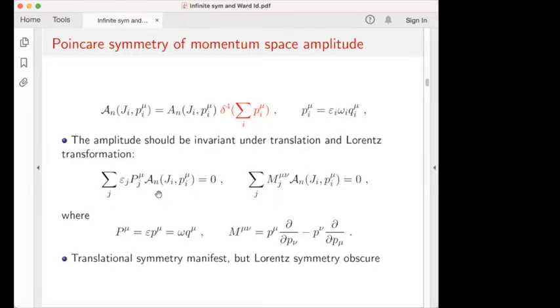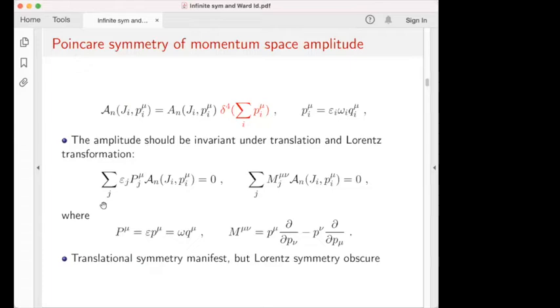The first one implies translational invariance. We have the translational generator P mu, which acts on this scattering amplitude in momentum space. Here the subscript j means that this generator only acts on the j-th external leg, but finally we also need to take the summation over all j.